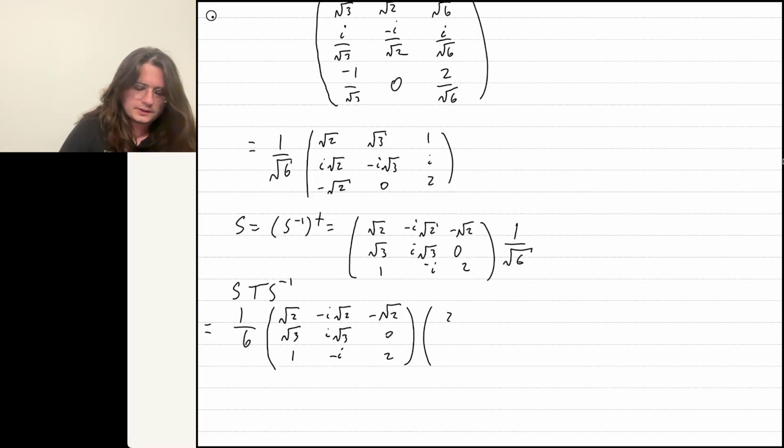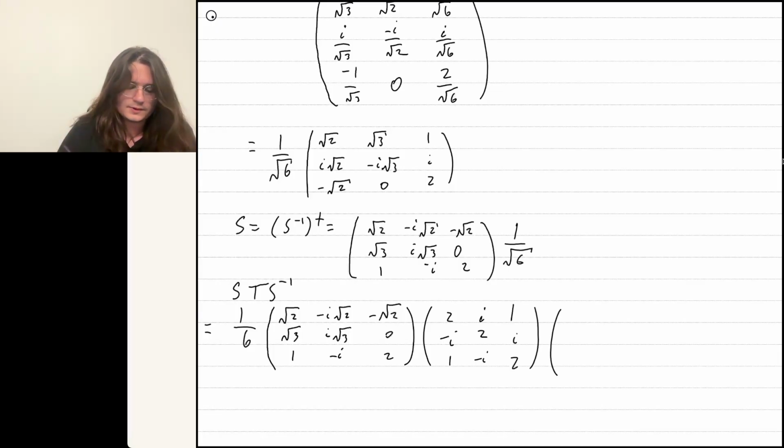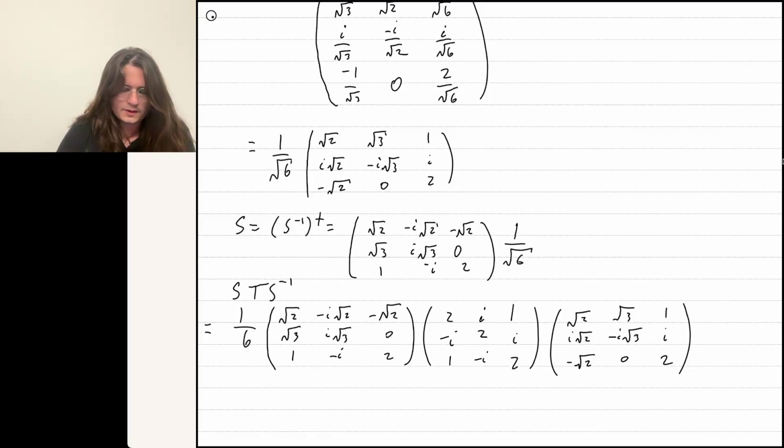T is 2, minus i, 1, i, 2, minus i, 1, i, 2. And then S inverse was root 2, i root 2, minus root 2, root 3, minus i root 3, 0, 1, i, and then 2. Okay.